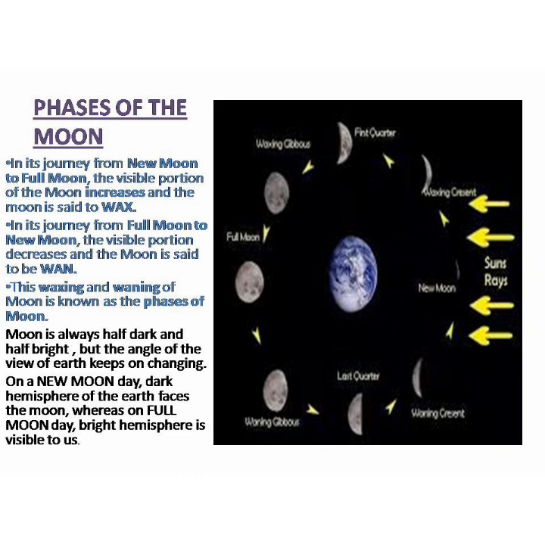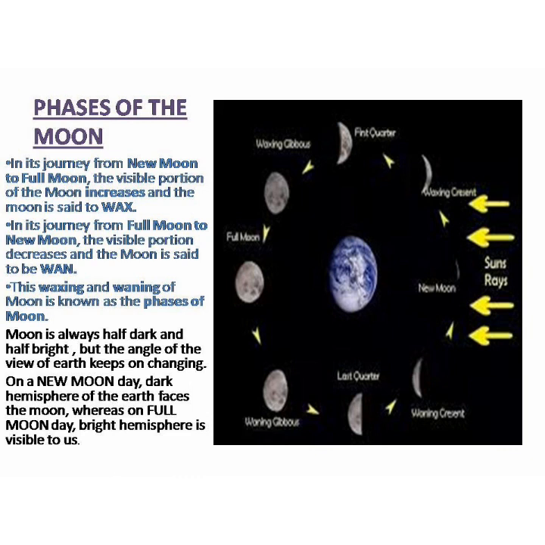As the earth keeps on rotating, the angle of our view of the moon from the earth keeps on changing. So sometimes we see the moon half dark, sometimes half bright. On a new moon day, the dark hemisphere faces towards the earth, so we do not see any moon in the sky.